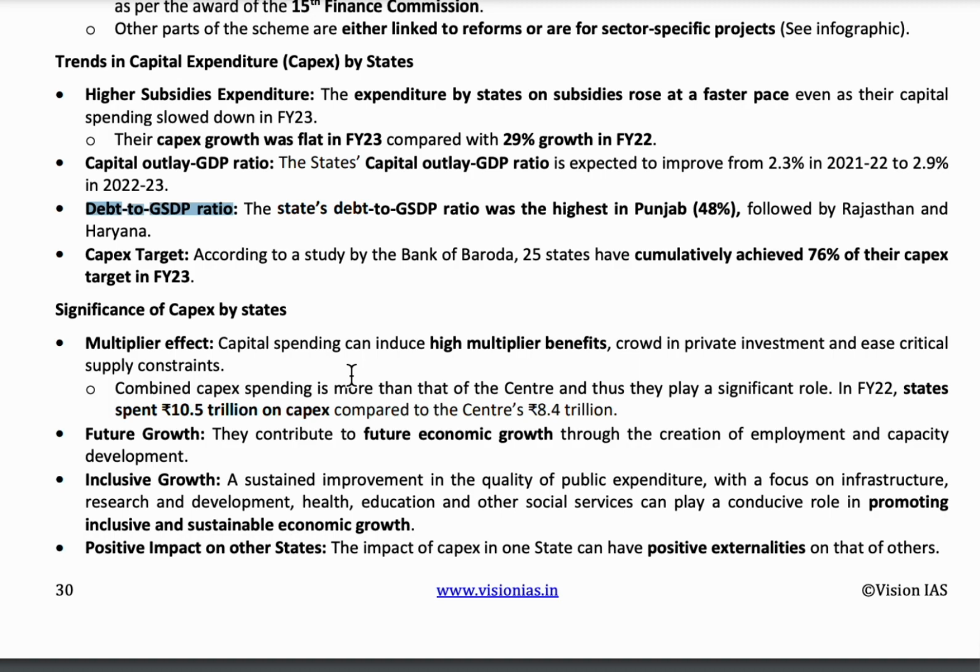So if the center provides funds like this capital expenditure, they take some amount and spend it on salaries, pensions, subsidies, etc. If the funds are less to pay salaries and pensions, they use the capital expenditure. So the state governments are cutting down the capital expenditure.